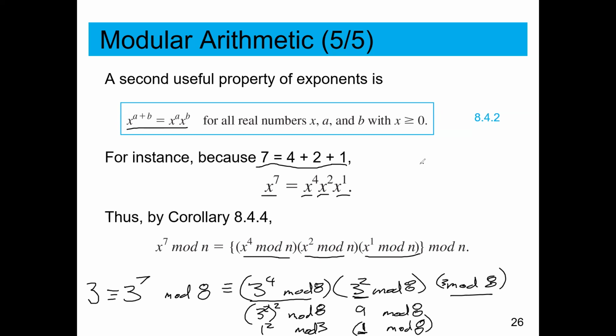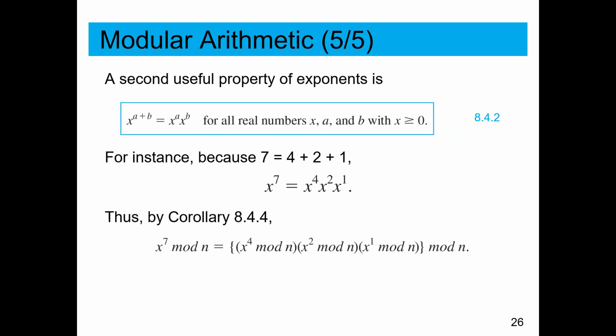Well, in base 2, 7 would be 1, 1, 1, because that is 2 squared plus 2 to the first plus 2 to the 0 power. So the binary expansion actually tells me which things I need to take and how we utilize all those ideas. So this relates back to why we did binary expansion earlier in the semester.